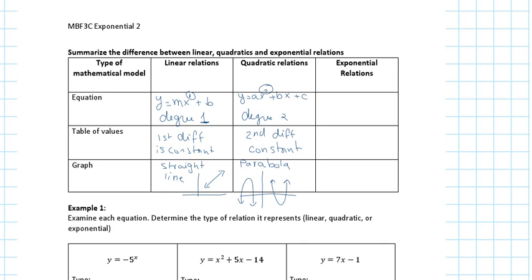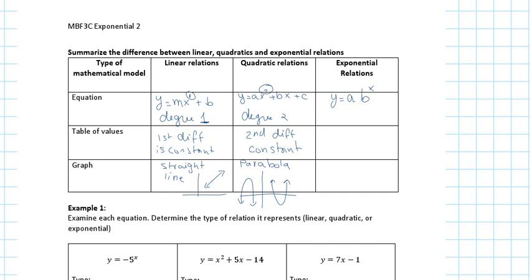For an exponential relationship, your equation is going to look like this: y equals a times b to the power of x. In this case, a is your initial value, and we're going to talk more about this later.